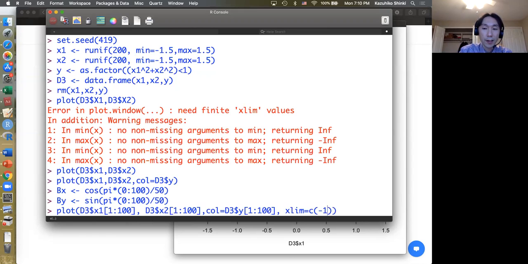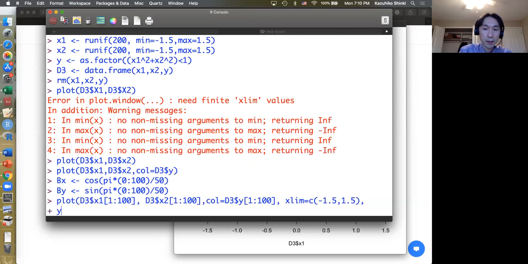And we overlay this with the boundary. We specify the range for X and range for Y. Otherwise, when you overlay the two plots, the X coordinate and the Y coordinate of one plot and the other do not match.